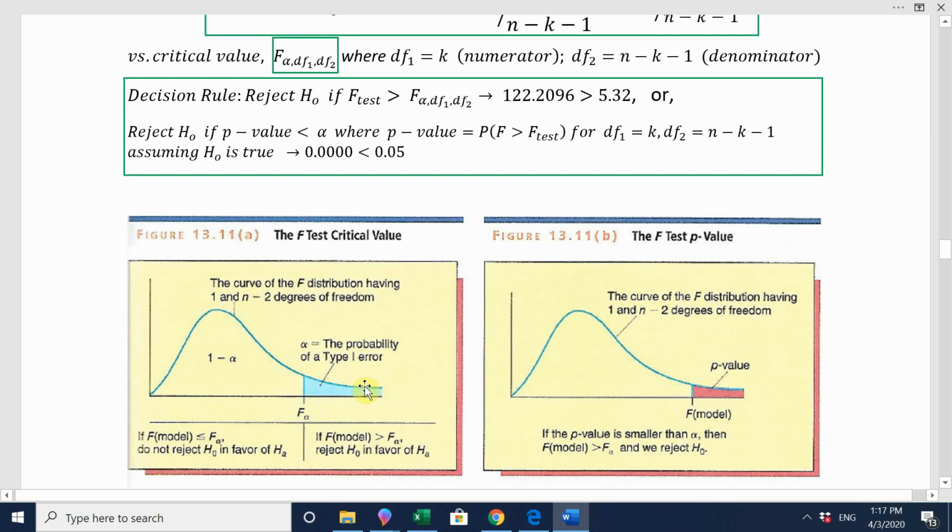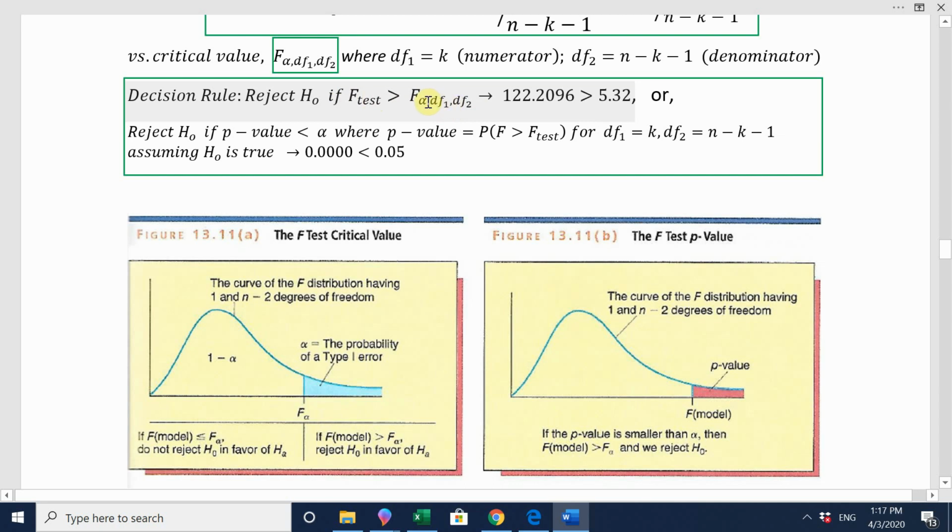It is a right-tailed test, a one-sided test, and the decision rule here is we reject the null hypothesis if the F test is greater than the critical F. And so that will always be the decision rule that we apply over here. There is no other direction in which the arrow points. It will always be in this form right here.